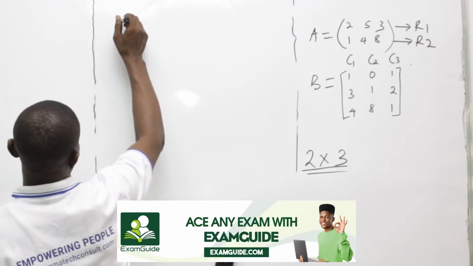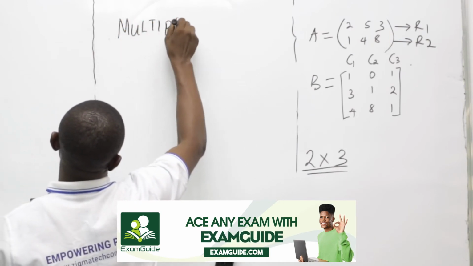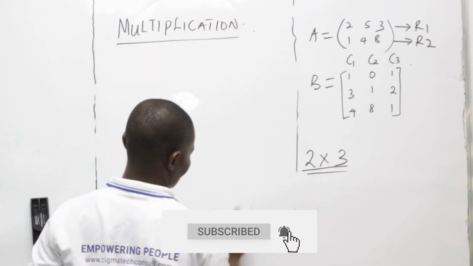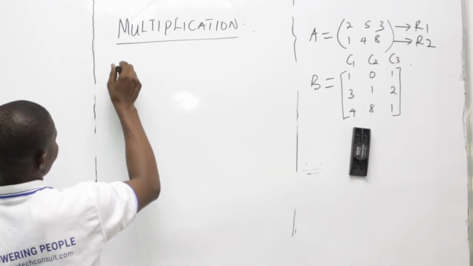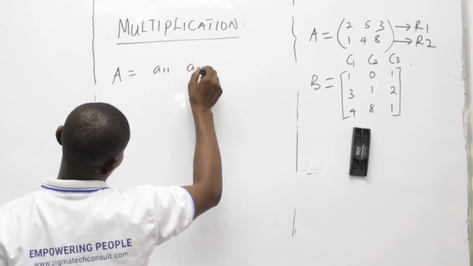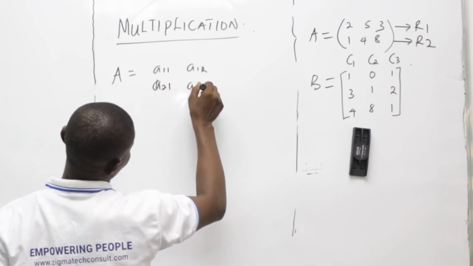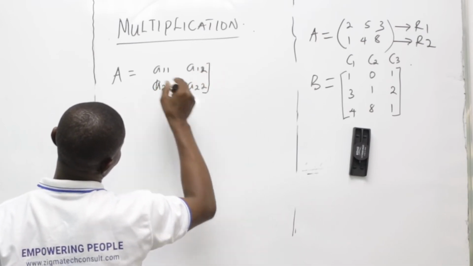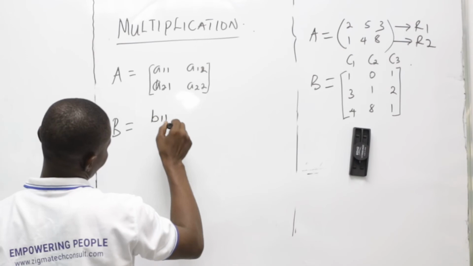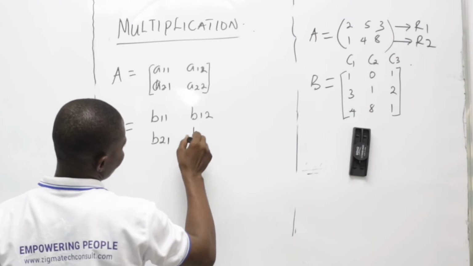Now let us think about the multiplication of matrix. Multiplication. If you have a matrix A to be A11, A12, A21, A22, against another matrix B, B11, B12, B21, B22.